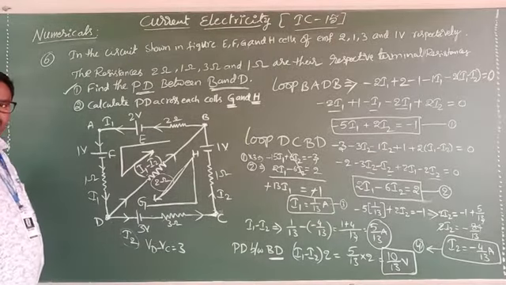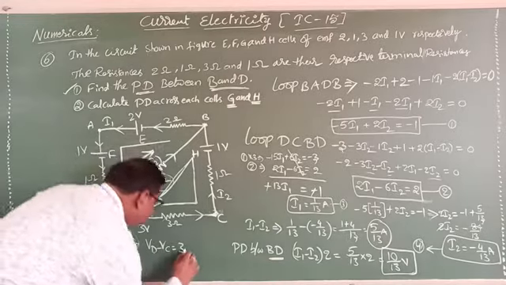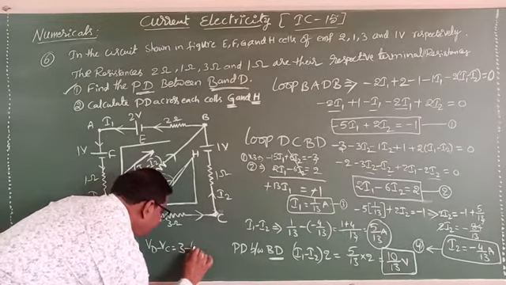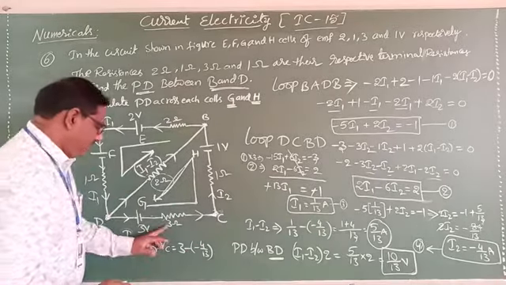Clear? I am writing directly 3. One more, the I2 current, how much is it? 4 by 13. Then how can you measure? Plus, minus 4 by 13 into 3.